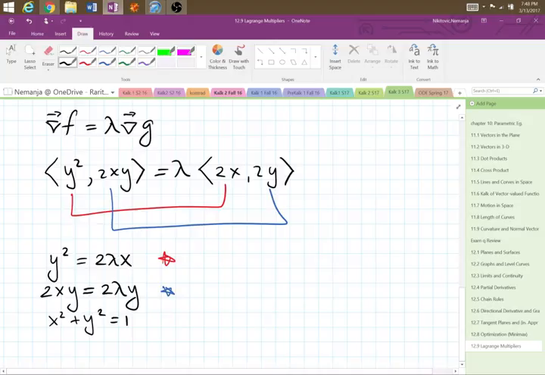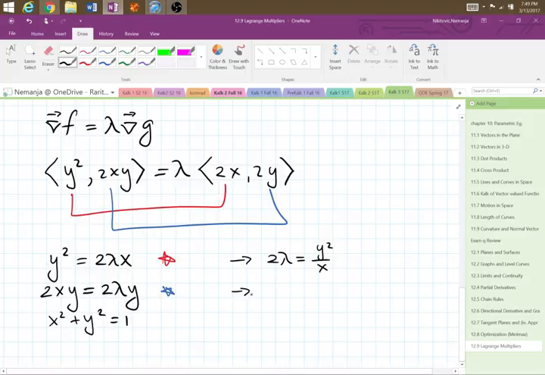My idea for this particular solution here would be, let me try to say 2 lambda equals 2 and 2 lambda equals 2, and then put those equations together to see what happens. So for this particular case, it might work quickly. From this one, I'm going to say that 2 lambda is equal to y squared over x.